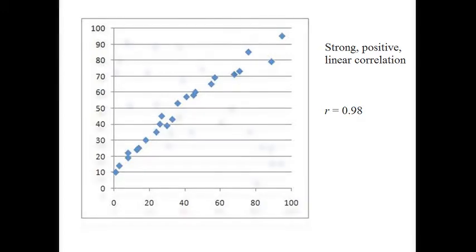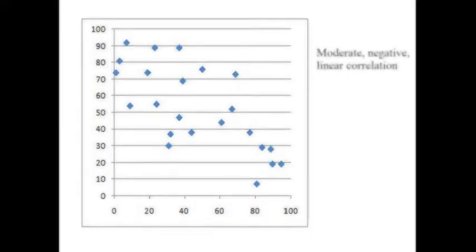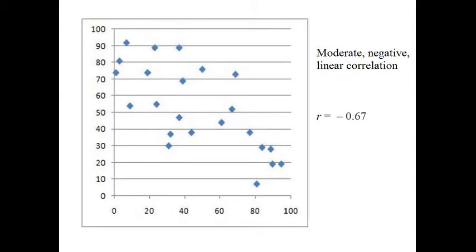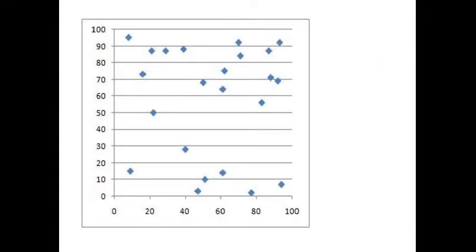Let's look at another example. What do you think? Positive or negative? Strong, moderate, or weak? This is an example of a moderate negative linear correlation. Here, R is equal to negative 0.67. Our last example. What do you think? Positive, negative, 0?